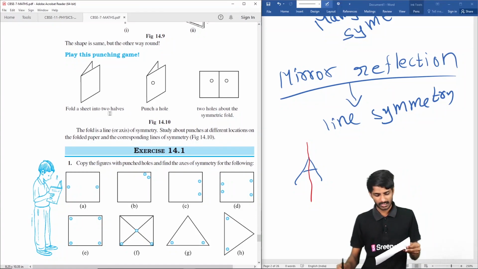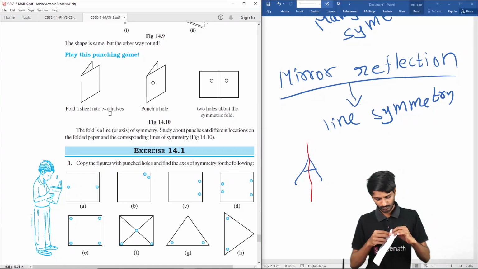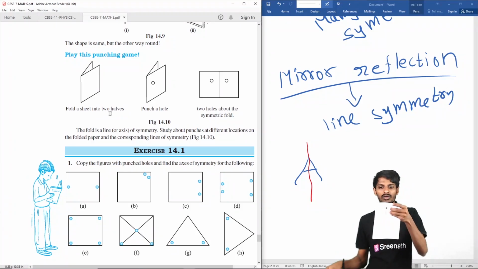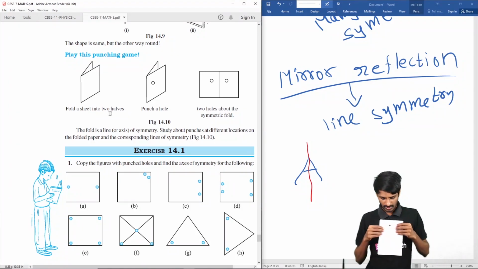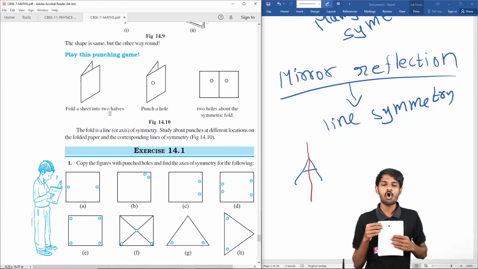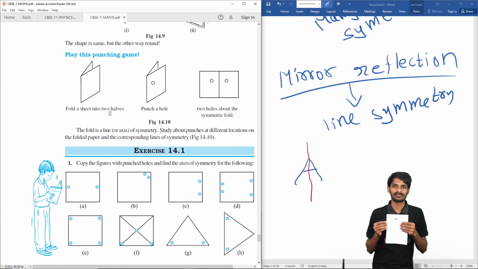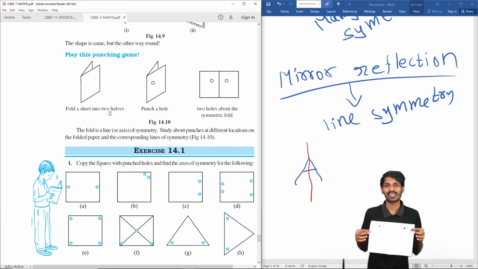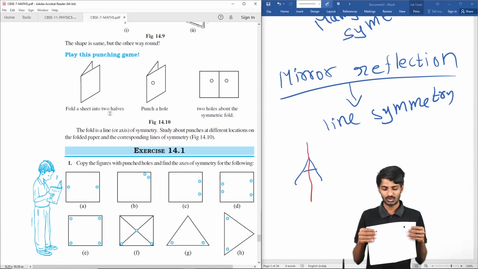I have made a hole. Have you seen this hole? So how many holes are you having? You will say, sir, we are having one hole. One. Now see how many holes you are having. You are having 2 holes.